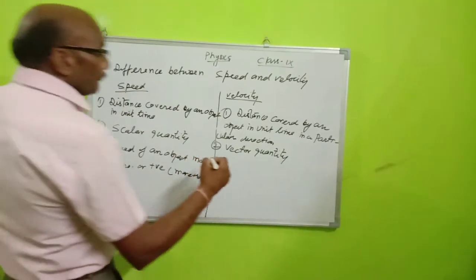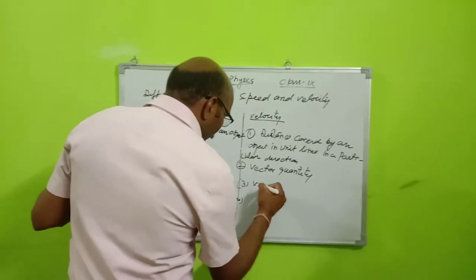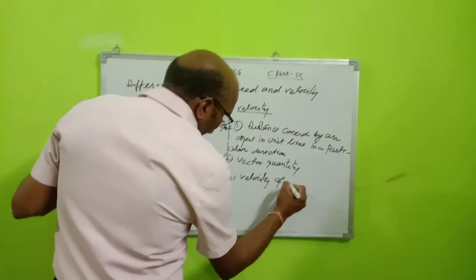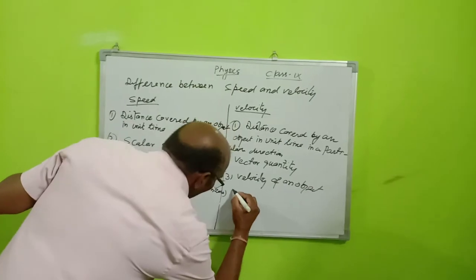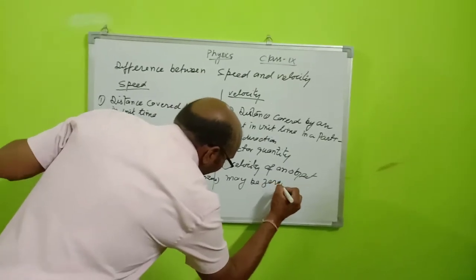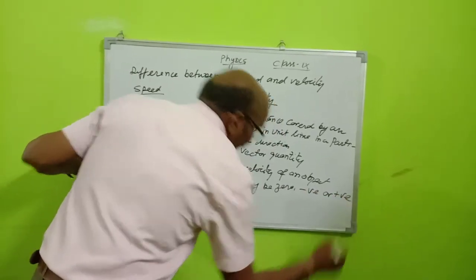But the velocity of an object may be 0, negative or positive.